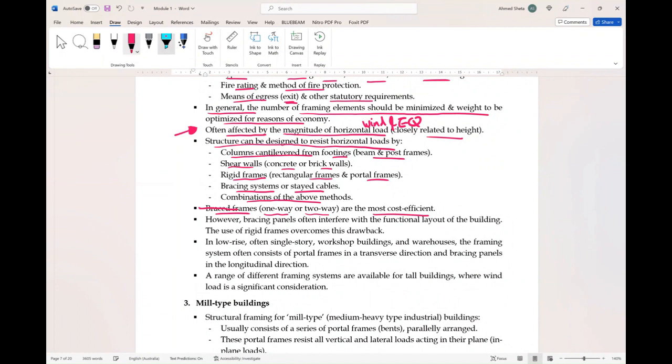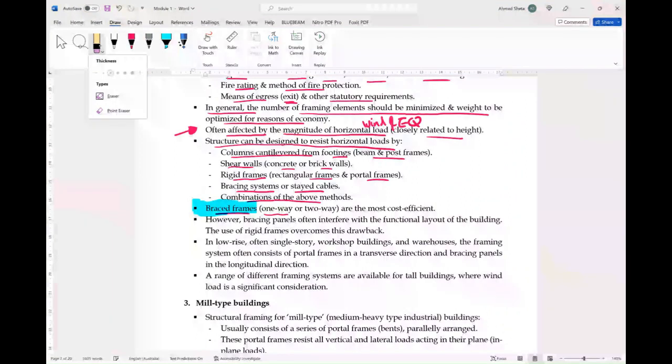So the braced frame is the most cost efficient system to resist the lateral load.